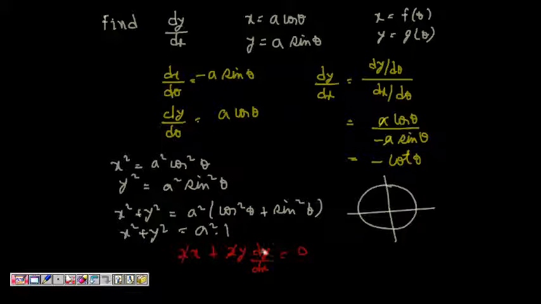So dy by dx is equal to minus x by y, which is again minus cot of theta. This is how you find the derivative of parametric functions. I hope you understand this.